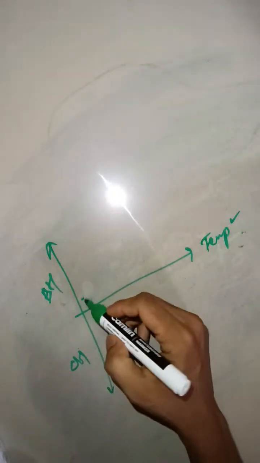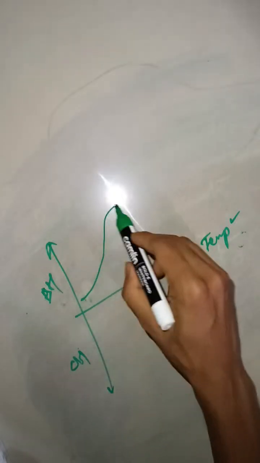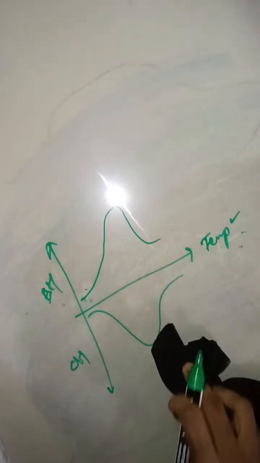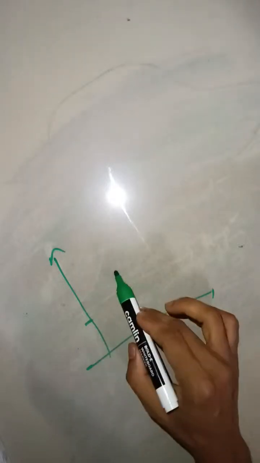In the detector, if temperature increases, and in the detector, if temperature decreases, there will be two different types of temperature curve. One is called exothermic, another is called endothermic. So what is exotherm and what is endotherm? See, there is a graph. In this, a substance is there.